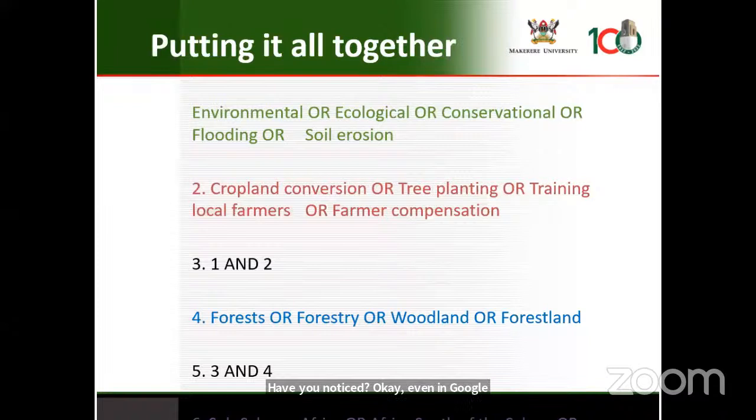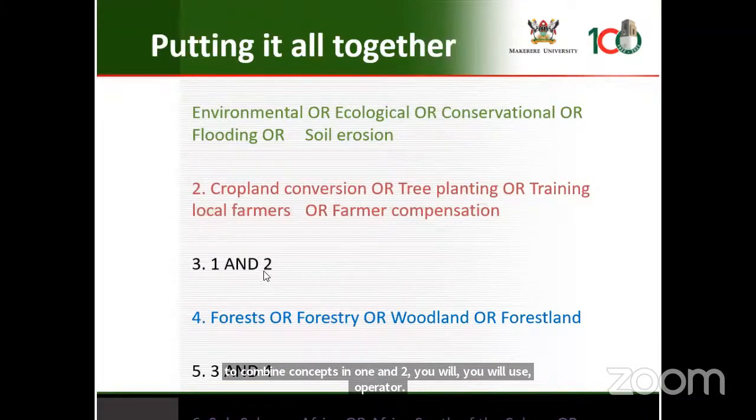So search number 1 is environmental or ecological or conservation or soil erosion. And then concept number 2 is cropland conversion or tree planting or training local farmers or farmer compensation. If you are to combine concepts 1 and 2, you'll use the Boolean operator AND, so you will say 1 and 2.